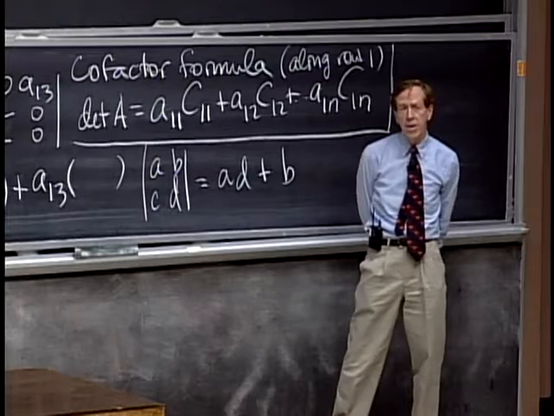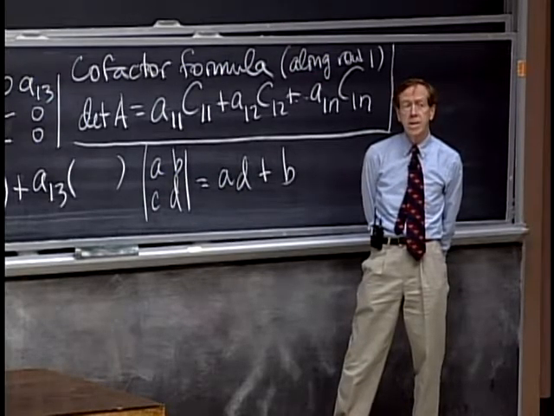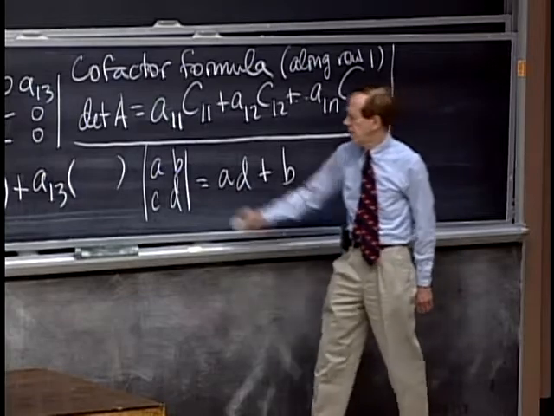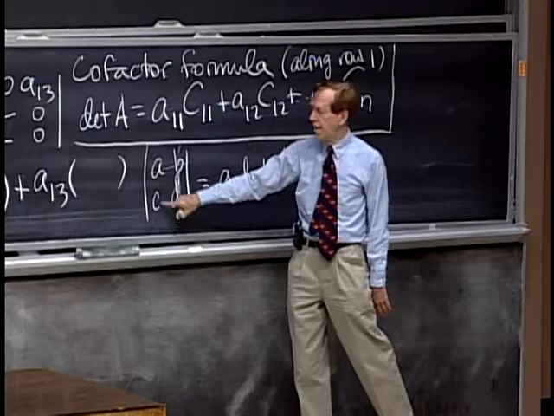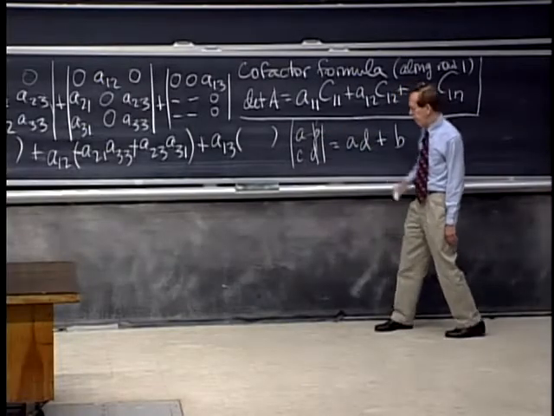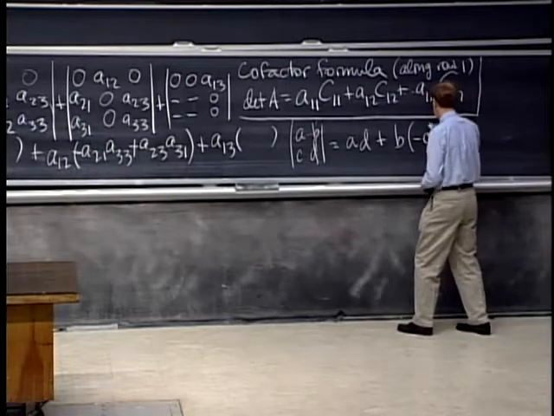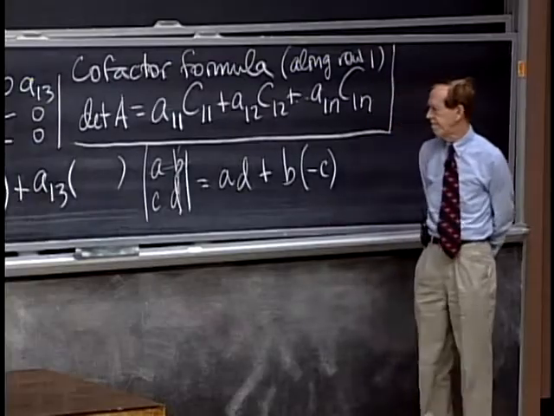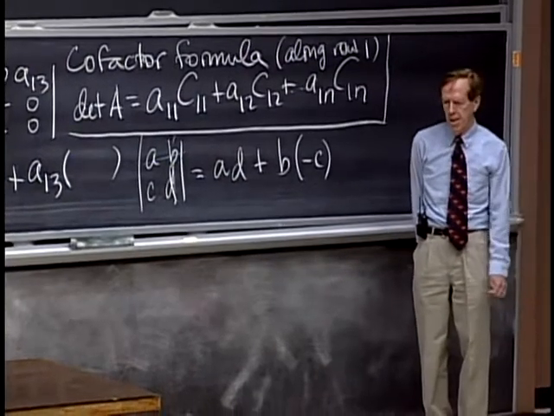What's the cofactor of B? Is it C or is it minus C? I strike out this row and column, take that determinant, and then follow the i plus j rule, and I get an odd power, so it's B times minus C. Okay, of course it worked.